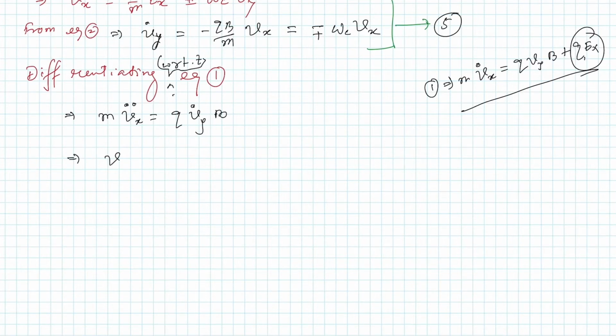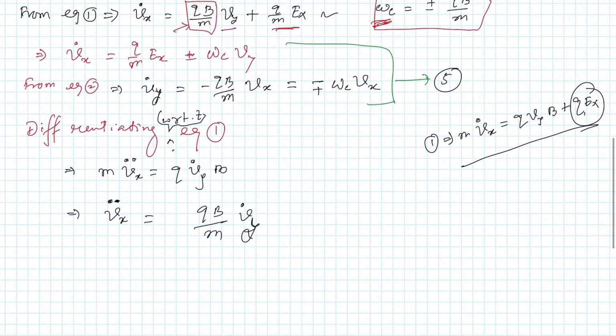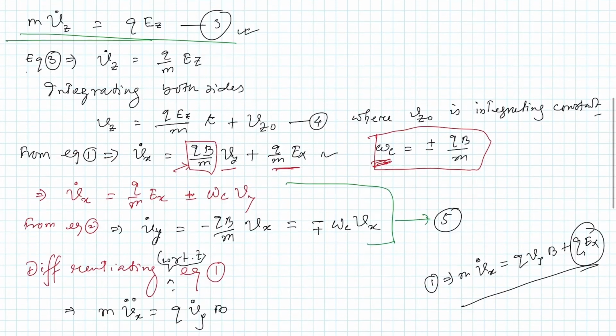Then we can write v x double dot is equal to qB by m v y dot. Okay, sorry, not double dot, single dot, v y dot. So that's what we have got. Now from equation number 2, what was equation number 2?